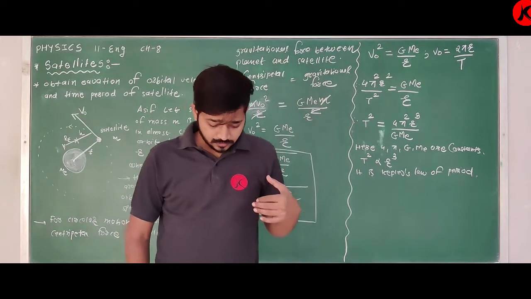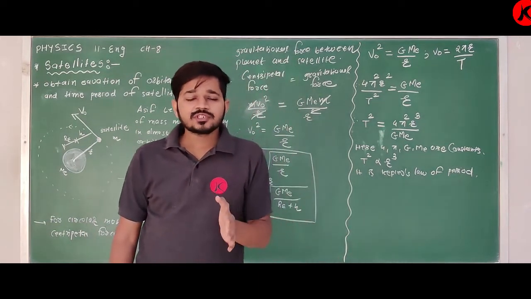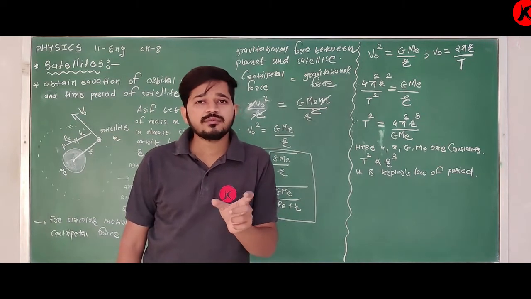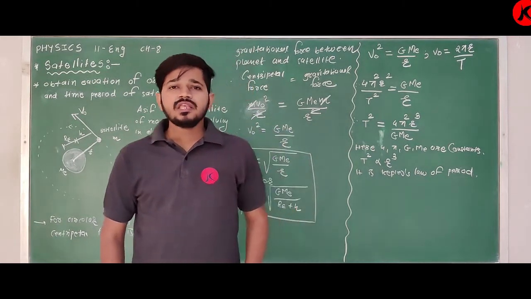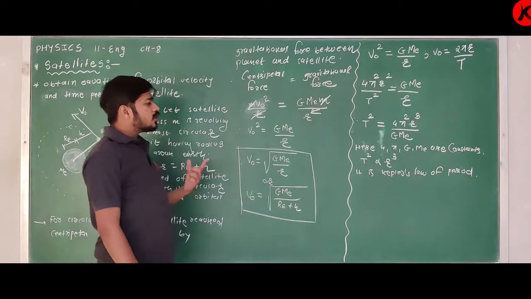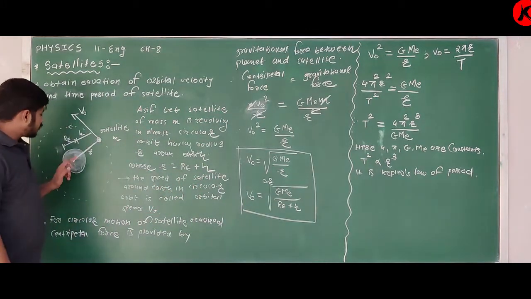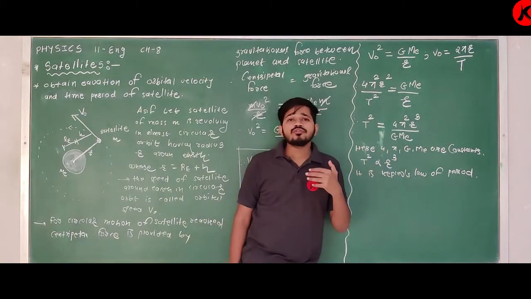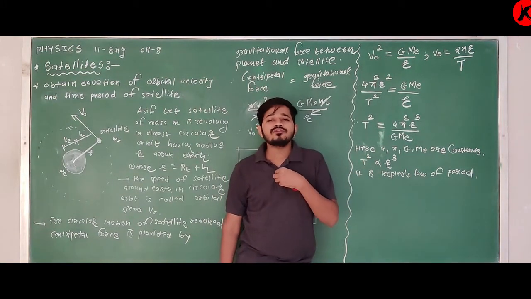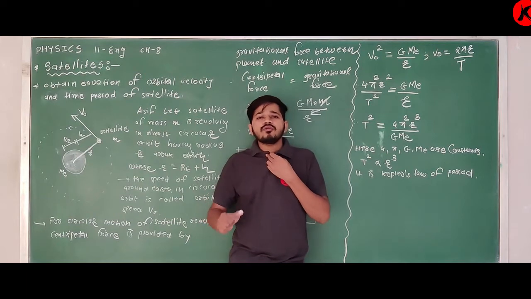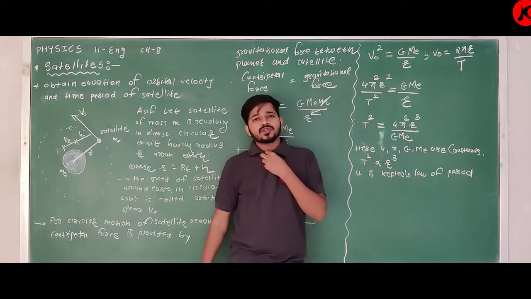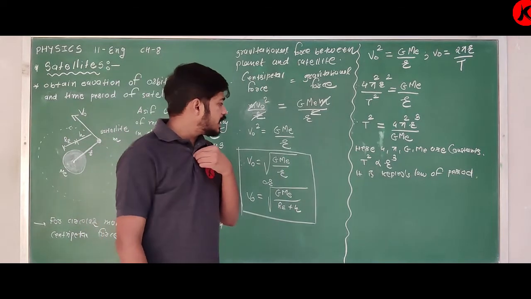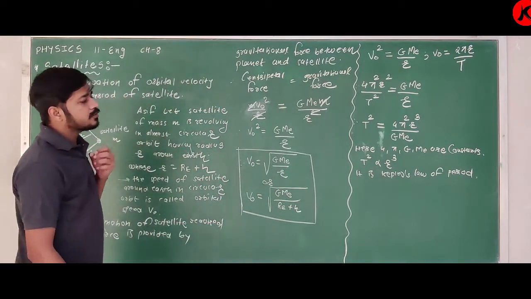We have discussed Kepler's law for elliptical orbit, where you write the semi-major axis. For circular orbit you write the radius. That is, T square is proportional to the cube of the radius of the orbit. So it is Kepler's law of period.